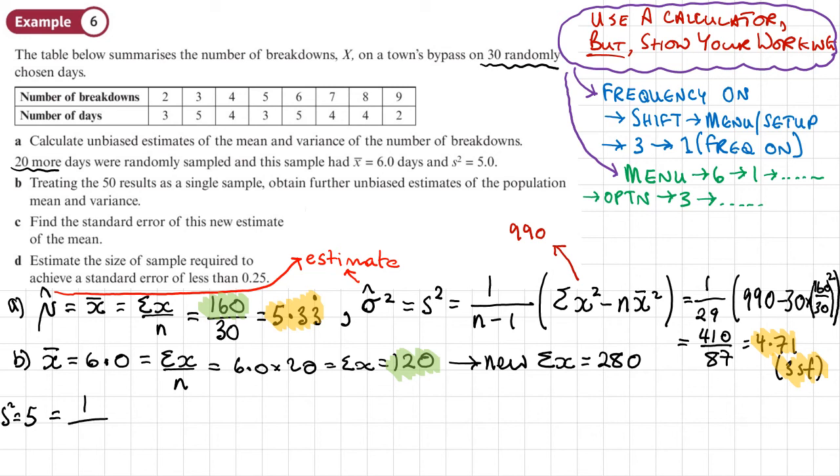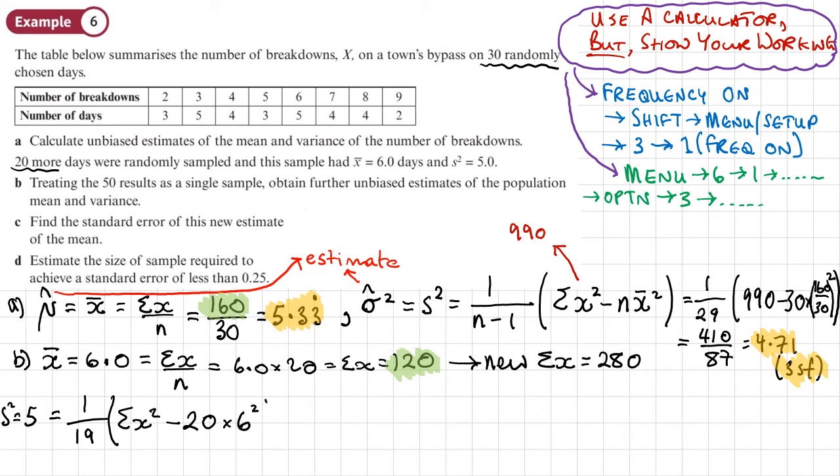So we're now looking at the 20. So 1 over 20 minus 1, 19, times the sum of x squared. So that's what we're trying to find, minus n, and n in this case is going to be 20, times the mean squared. Now the mean is 6, so that's going to be 6 squared.